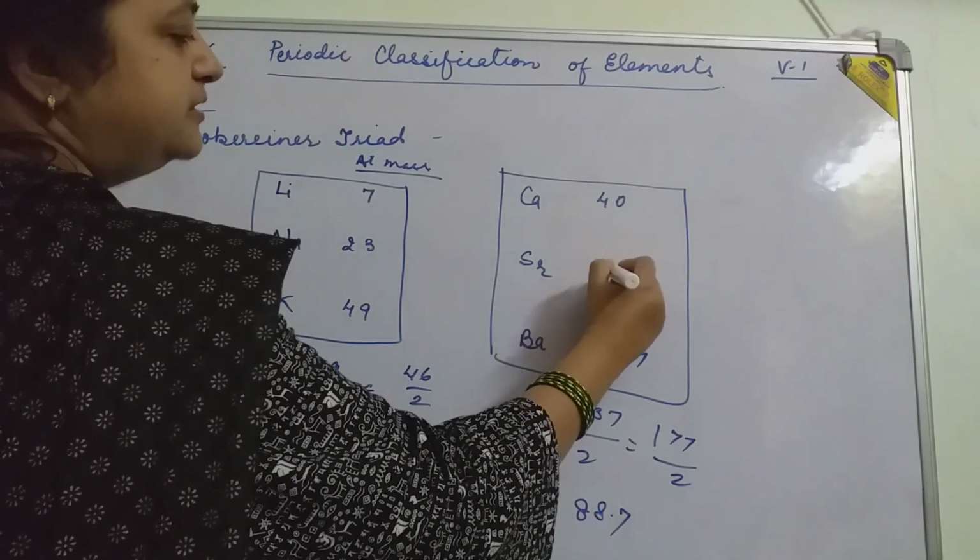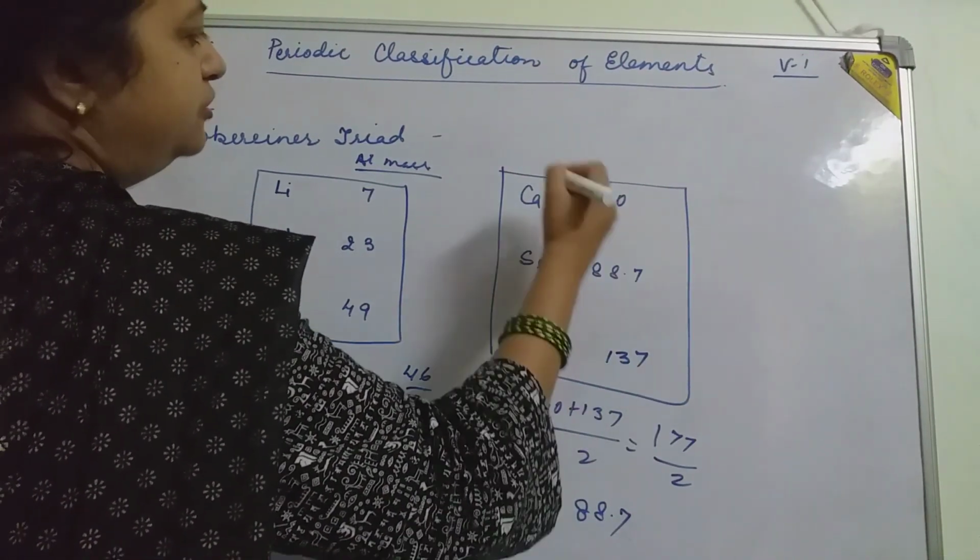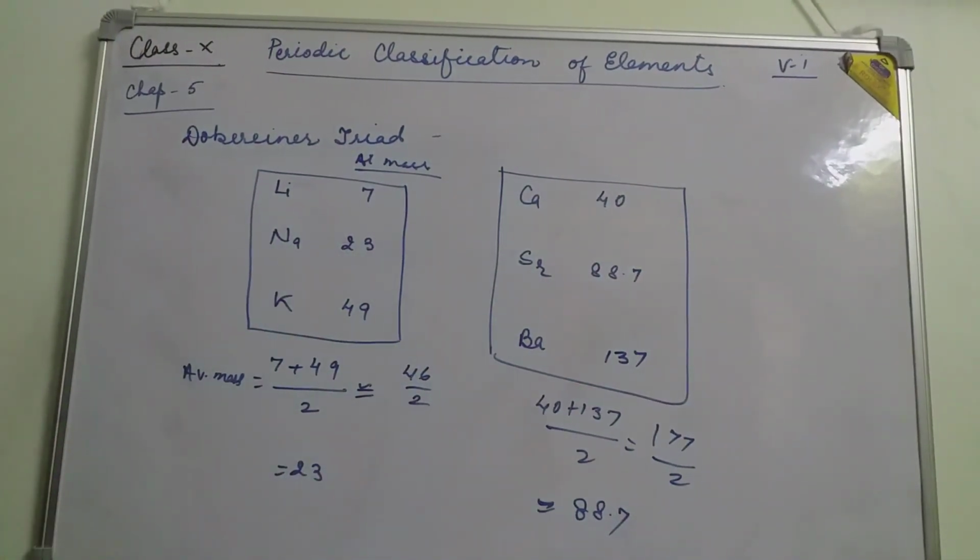So its mass is 88.7 according to the Dobereiner triad, which is correct.